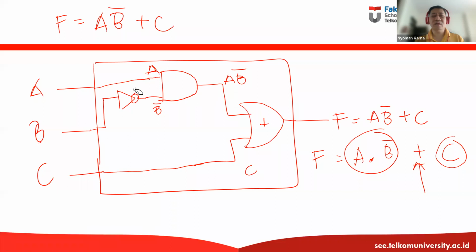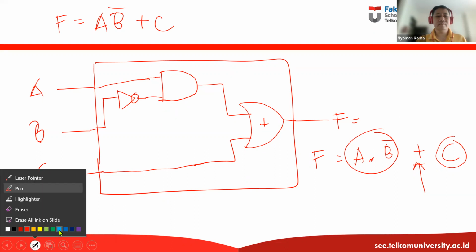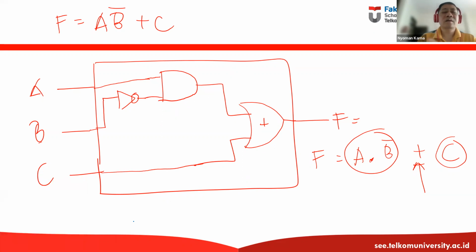Now let's try to do the analysis procedure in this case. A is here, and this is B. B comes through an inverter to become B naught, and because this is multiplication, it becomes A times B naught.